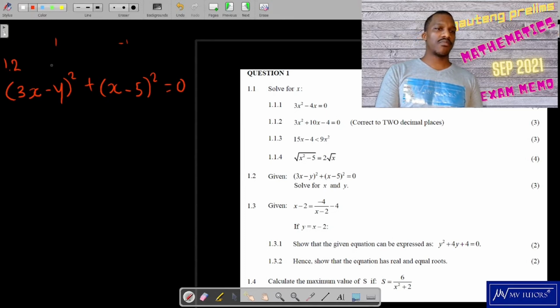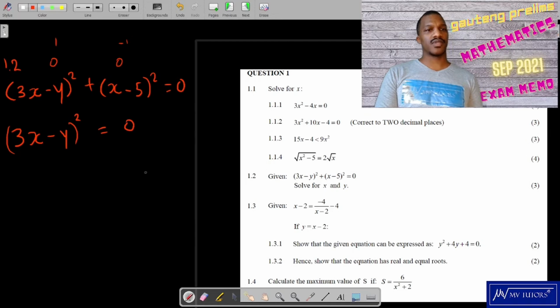So what's usually better is if this is equal to 0, and that's 0. 0 plus 0 is definitely going to equal 0. So that's what we're going to do. We're going to say (3x minus y) squared is equal to 0, and then we're going to solve. We're going to do the same here, because they both have to be equal to 0.